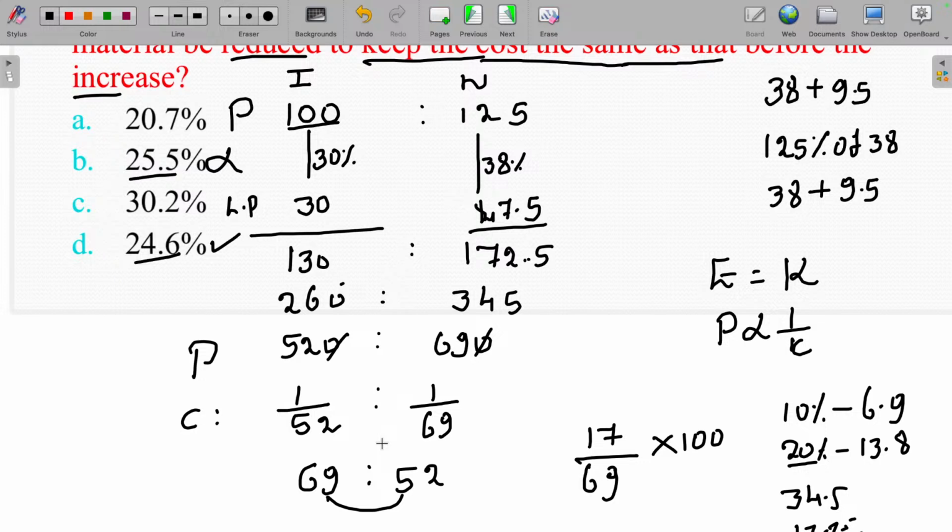Okay. Is it overwriting? Let me know if it is writing over. Please reply all. If it is writing over, I will move to the next type of question.